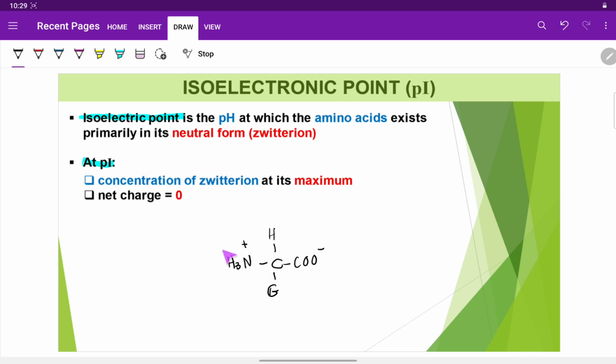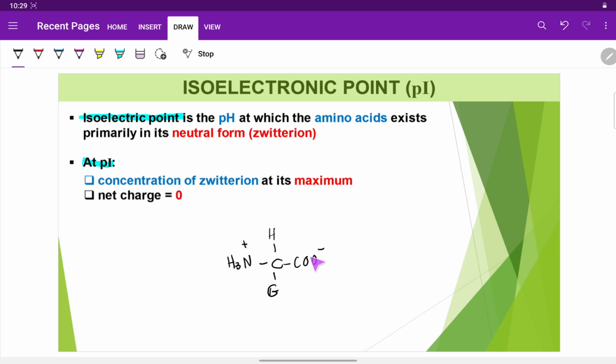So, akan ada perubahan yang akan berlaku pada kita punya ion dekat sini, at the charge part dekat sini. Tapi apa yang awak kena faham? When we talk about the PI, isoelectric point, untuk setiap amino acid adalah berbeza. Perlu kena hafal? Tak perlu.